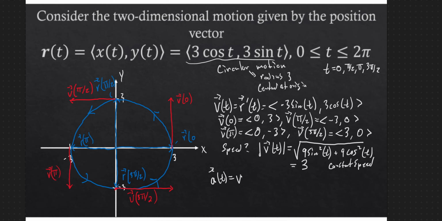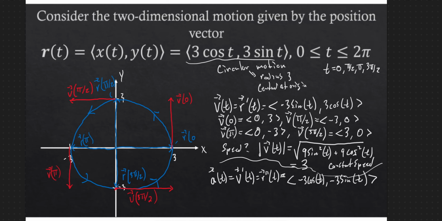That's the derivative of velocity, or second derivative of position. So let's take a derivative of velocity. We get minus 3 cosine t, and then minus 3 sine t.